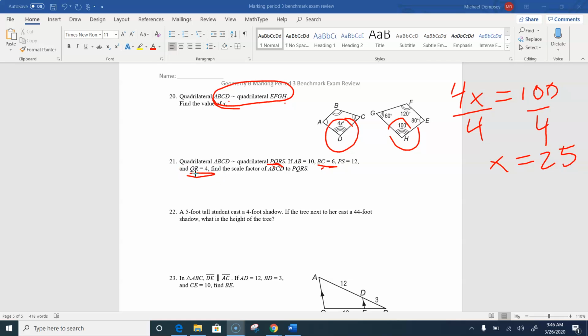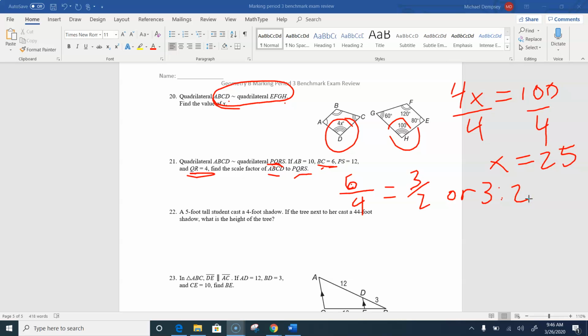So if I want the scale factor of ABCD to PQRS, BC, which is 6, comes from ABCD. So that scale factor is going to be 6 to 4. Or if we simplify that, 3 to 2. Okay, so you can write it as 3 to 2, or you can write 3 and a colon and a 2. Either one of those is okay.